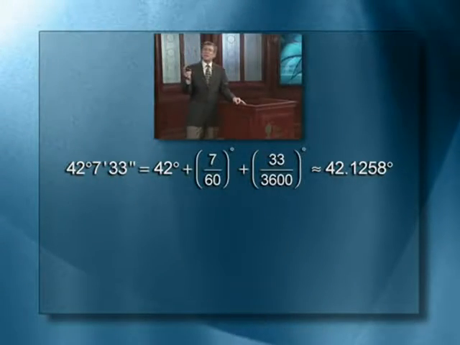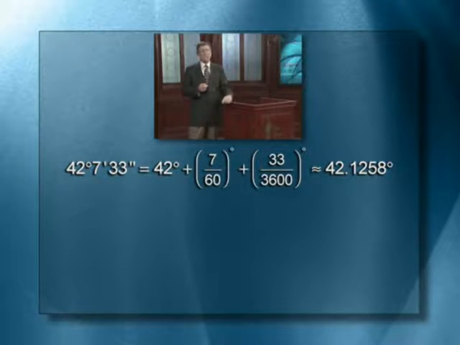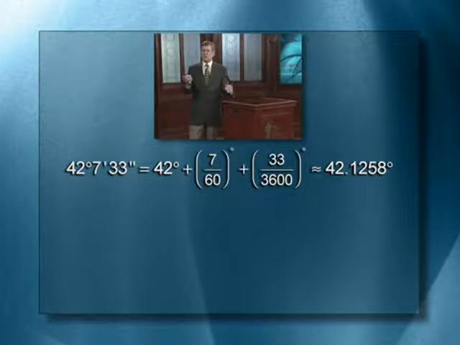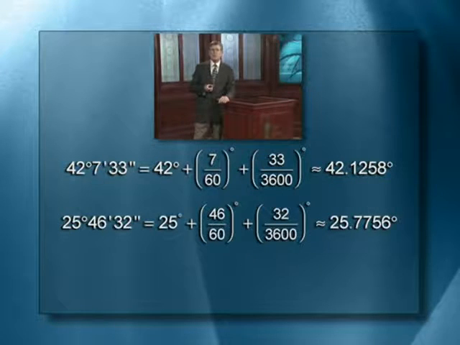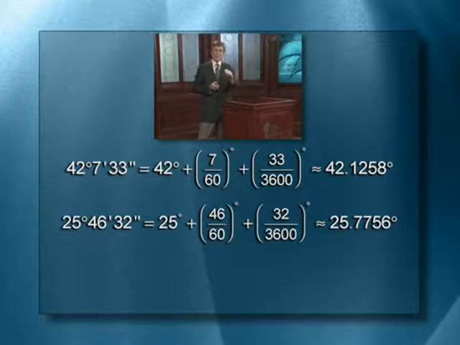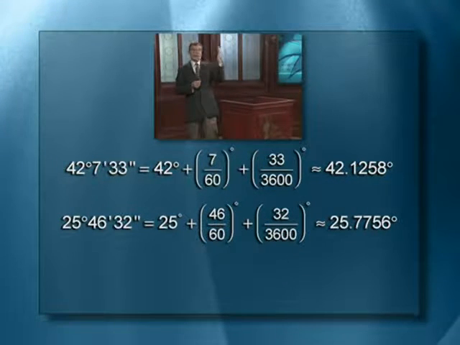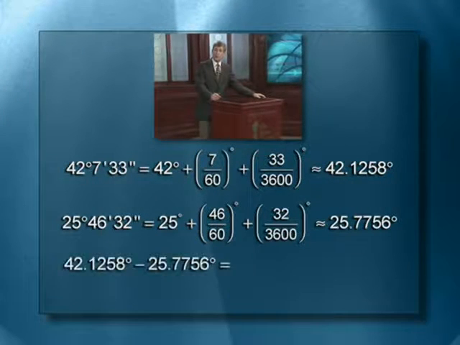And you do it the same way we did before. 42 degrees plus 7 minutes plus 33 seconds turns out to be 42.1258 degrees approximately. And the other conversion is about 25.7756 degrees. So that's the degree measure of the angles that these cities make with the center of the Earth.